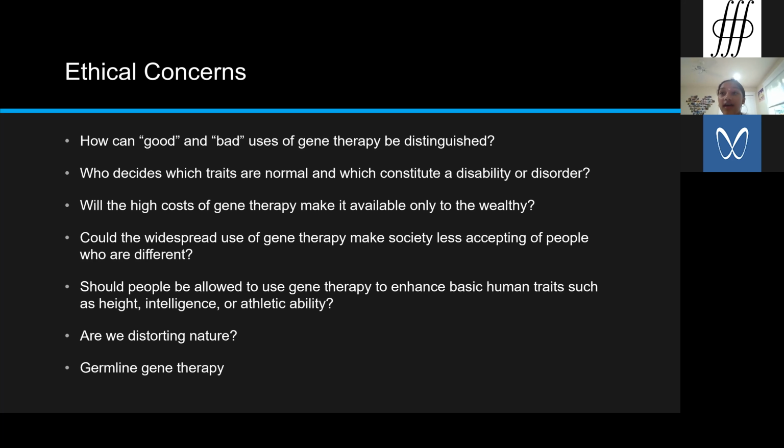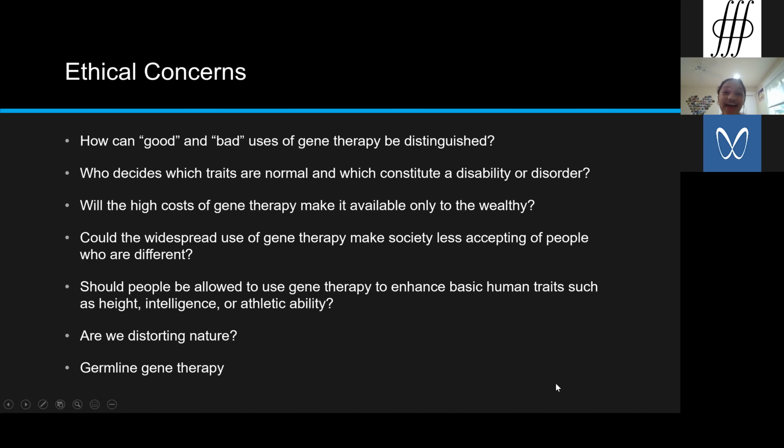So it's like one person receiving that germline gene therapy is making that decision for the future generations, which is the topic that arises with ethical concerns because they don't really get a say in that. But yeah, that's pretty much my presentation. If anyone wants to add their opinions on any of these questions, feel free to do that. But yeah, that's it.